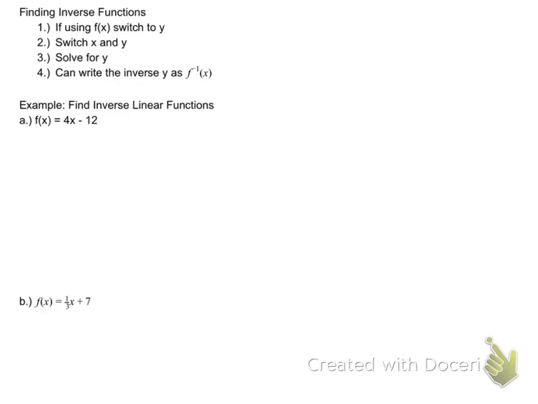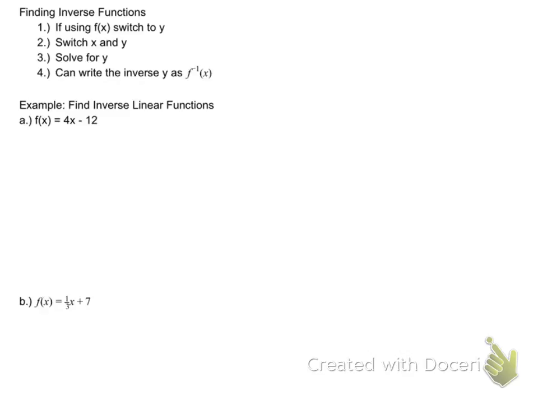And the cool thing is, you guys really only know about linear functions, lines. But guess what? Quadratics and cubics and cube roots and all these different things, exponents, they have inverses too sometimes. And so, you can use the same process on those too.